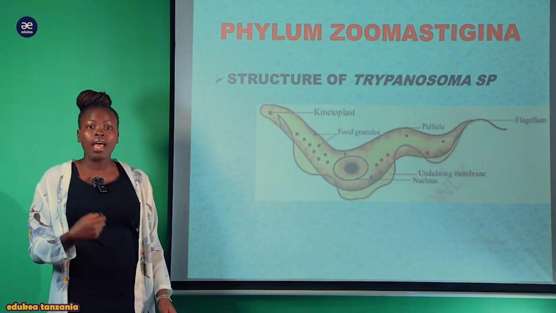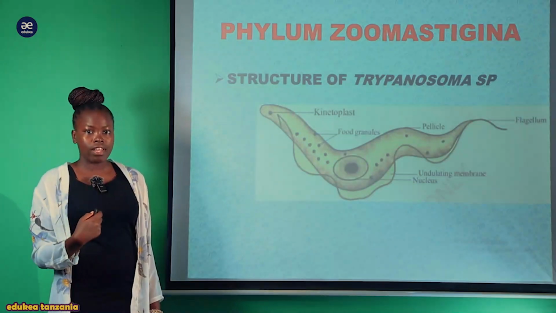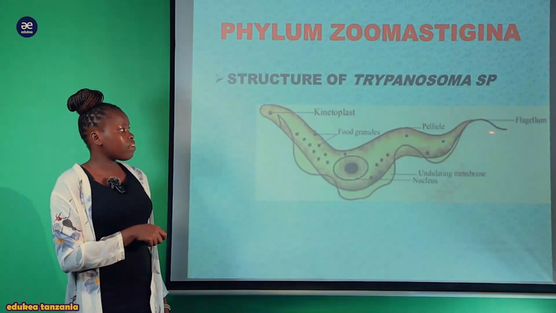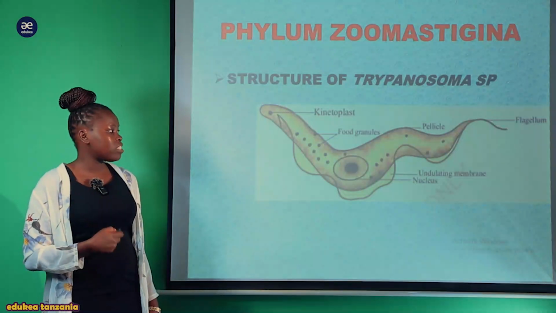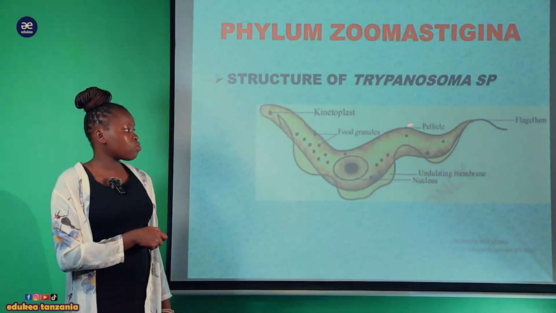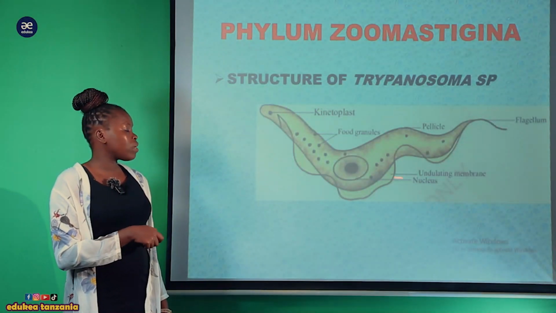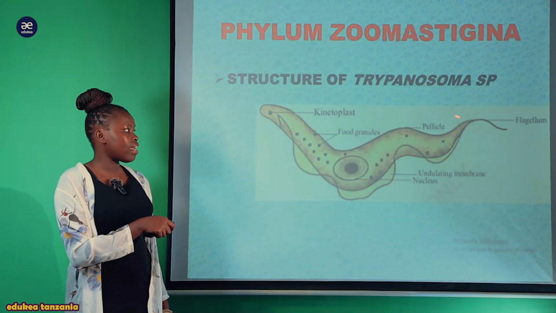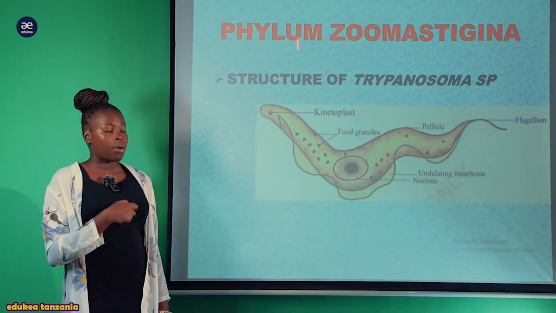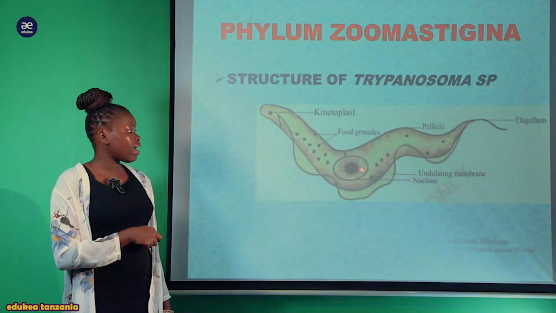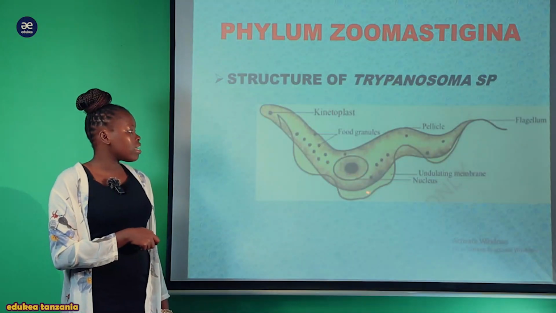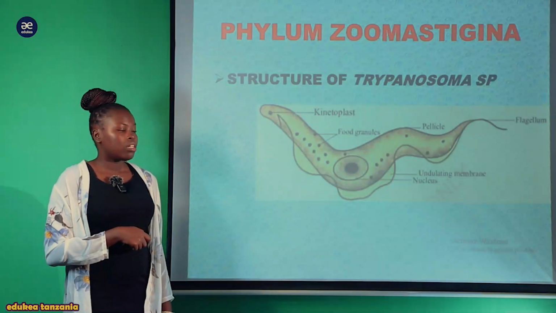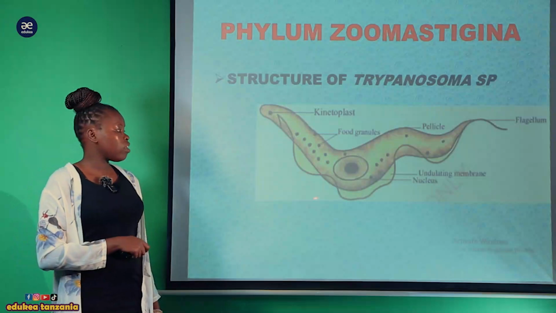They are flagellated. They have this undulating membrane to maintain the shape and also for movement. Also, they have a nucleus, within which there is DNA, which also controls other metabolic activity. This trypanosoma species also affects human beings.